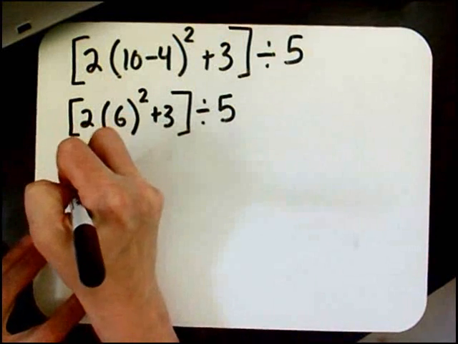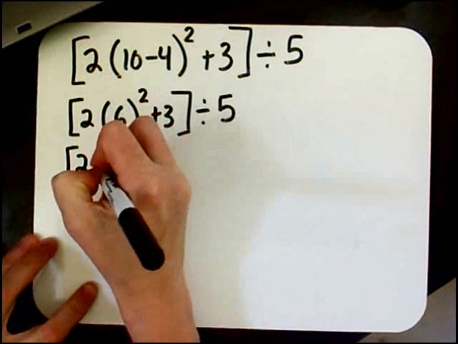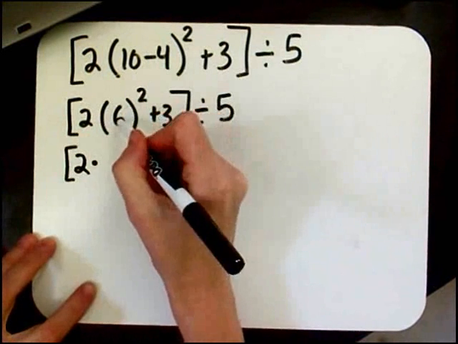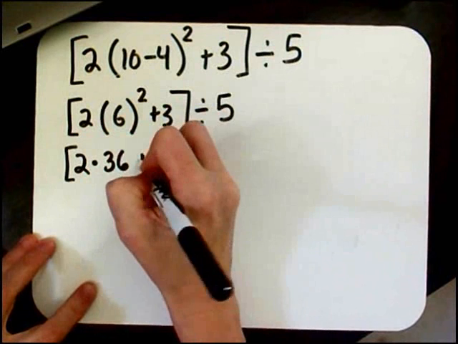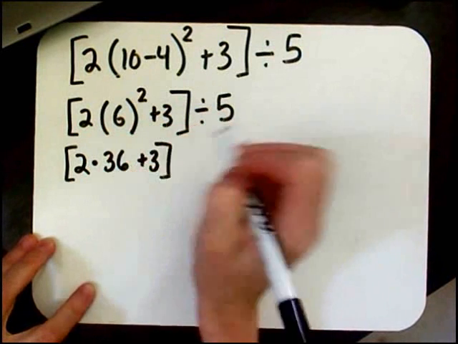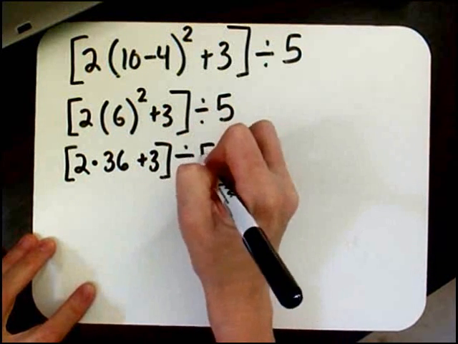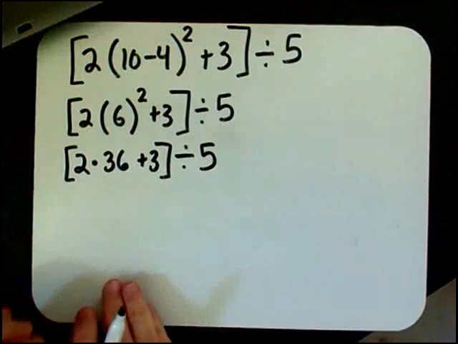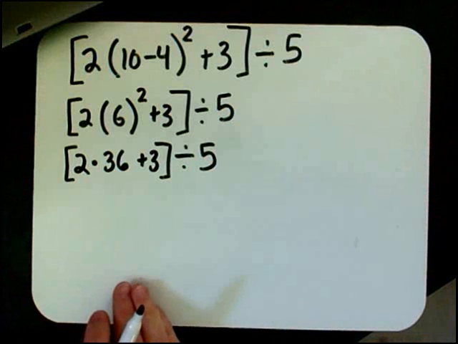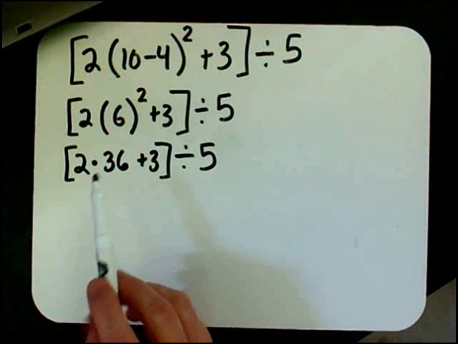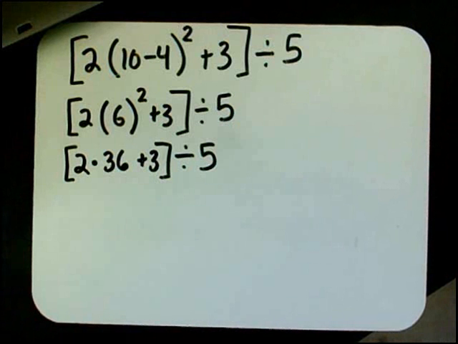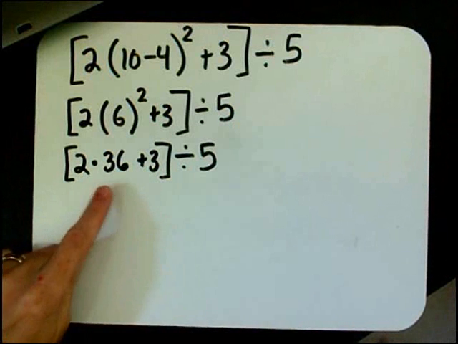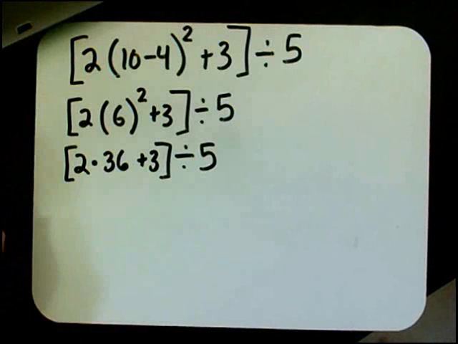So we have open bracket, 2 times 6 raised to the 2nd power is 36, plus 3, close bracket, divided by 5. But we're not done yet, because we still have stuff inside of our brackets to do. So we have 2 times 36 plus 3. Order of operations, then we take care of our multiplication and division. 2 times 36 is 72.